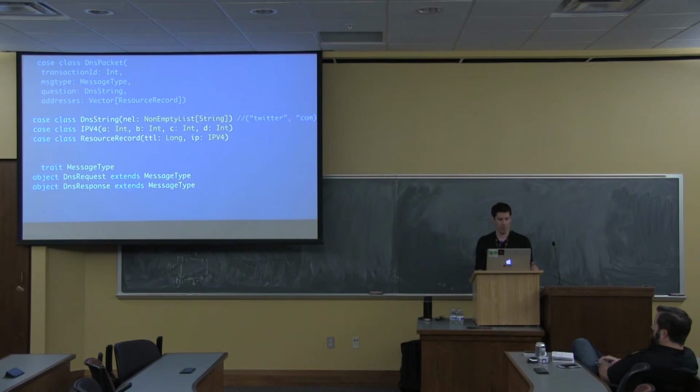So what's that like? I made DNS string, which is a non-empty list, twitter.com. I have a class representing IP, which is just 4 ints. I have a class representing resource records, which is how long this IP is valid for. And then we have Scala's horrible enums for showing whether this is a request or response.